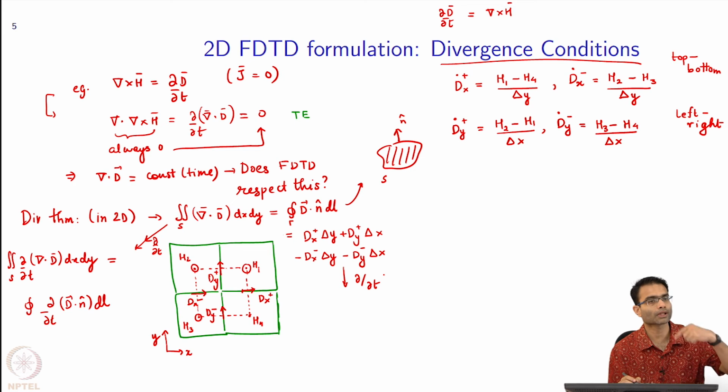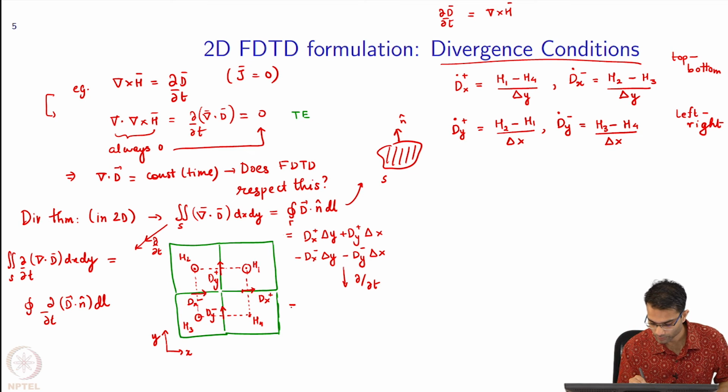So if I take a del by del t over here on both sides, what will happen? The time derivative will come on top of each of these dx's, right? So this will become dx dot delta y plus dy plus delta x. The same expression, just with now time derivatives on it, right?